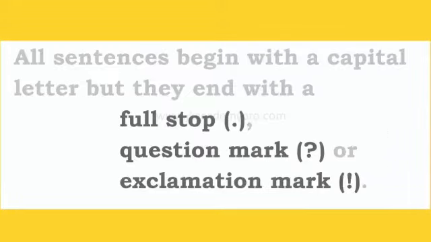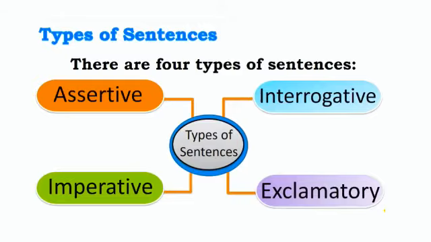So now let's see an example of what is a sentence. Now I will give you an example. A big house he lives in. This is a group of words, but this does not make any sense. So, this is not a proper sentence.